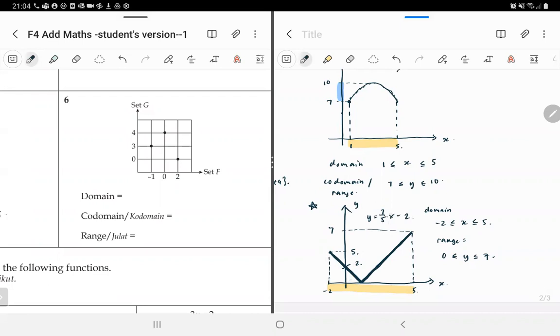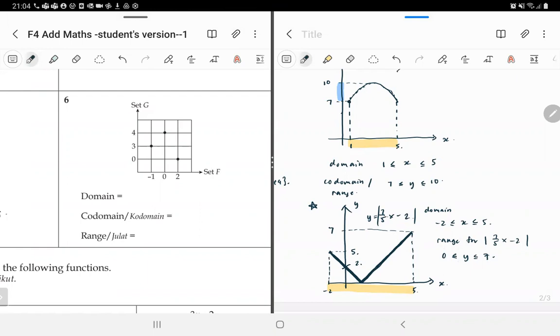Since it is flipping up, it is actually a modulus graph like this. So the question will ask, what is the range for modulus of 7 over 5x minus 2? The range means the y value starts from 0 to 7. So the range will be 0 less than or equal to y less than or equal to 7. Okay, so far so good.